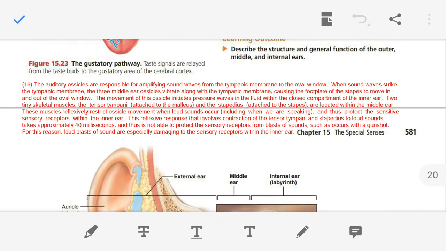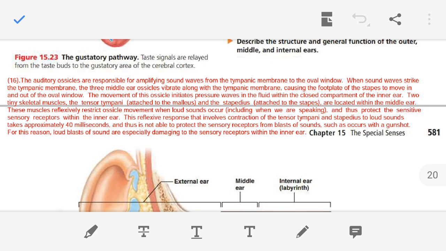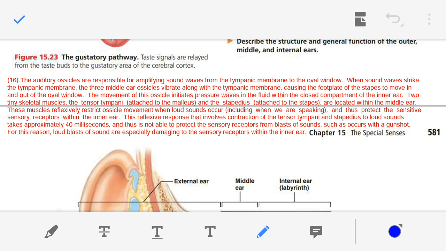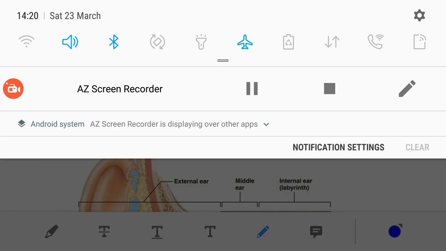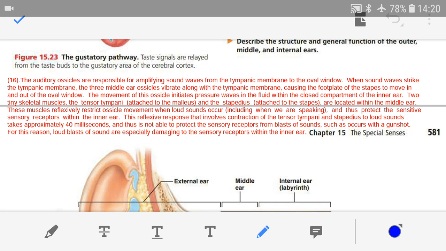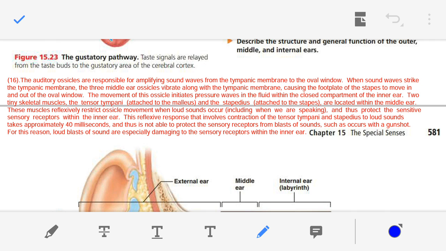See, this muscle, now this muscle reflexively, okay, restricts ossicle movement when we encounter a loud sound.